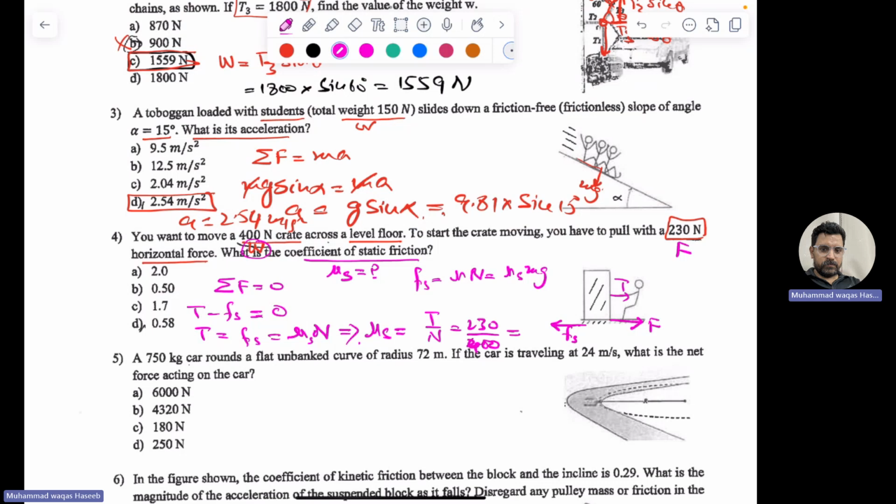When you substitute the values, you will get 0.8.